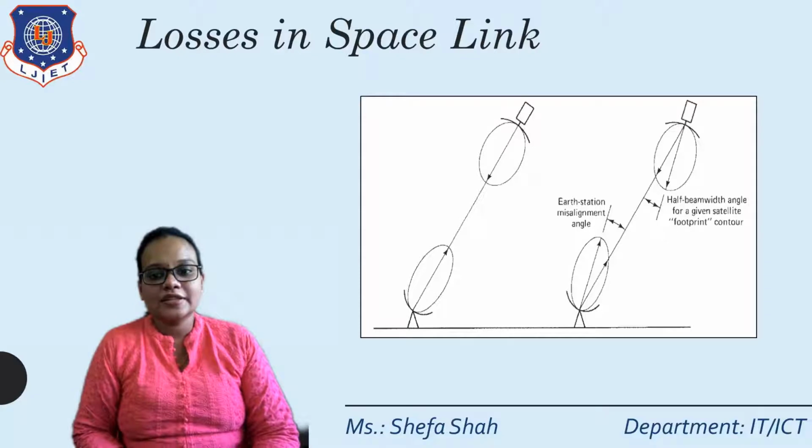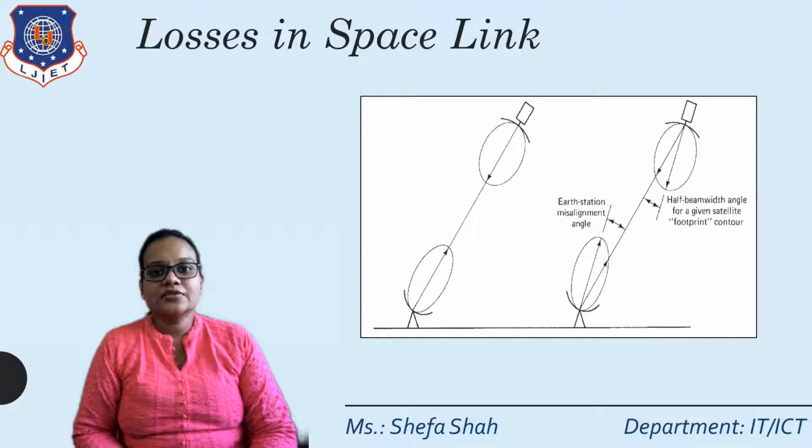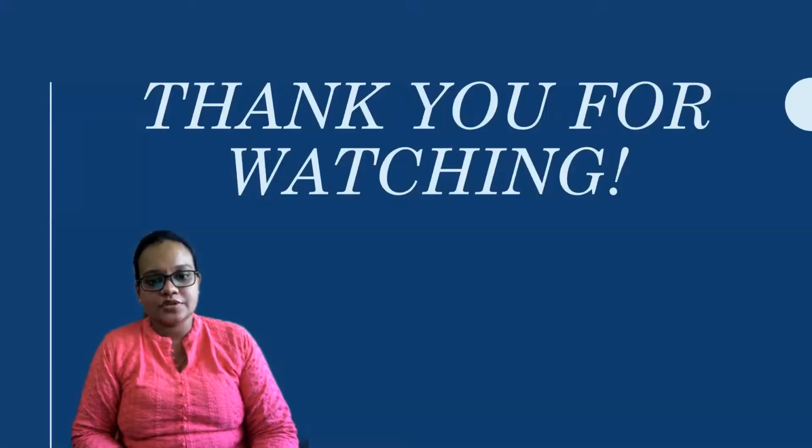But when you compare this second figure, you can see the transmitting and receiving antennas have different axes. As the axes are different, there will be some loss due to antenna pointing, which is called antenna misalignment. So these are the various types of losses when any space link occurs, in either the uplink or downlink process.